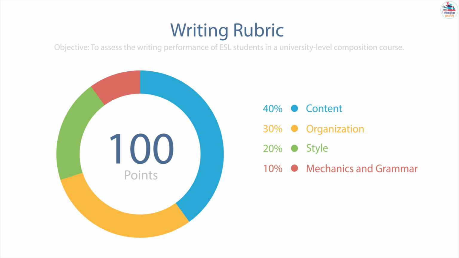The students should demonstrate knowledge of standard English language grammar, consisting of spelling, punctuation, and other grammar terminology. That means total 100 points. So if you focus on writing rubrics for ELT students, you have to write in this way: total 100 points categorized in different criteria.